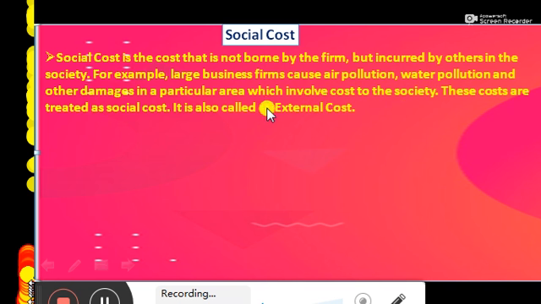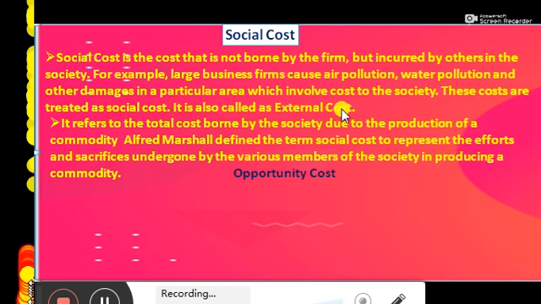It is also called as external cost, of course. Okay, and the social cost, it refers to the total cost borne by the society due to the production of a commodity. Alfred Marshall defined the term social cost to represent the effort and sacrifice undergone by the various members of the society in producing a commodity.